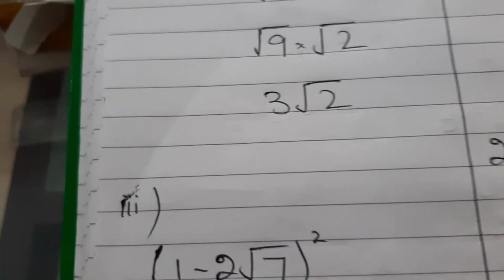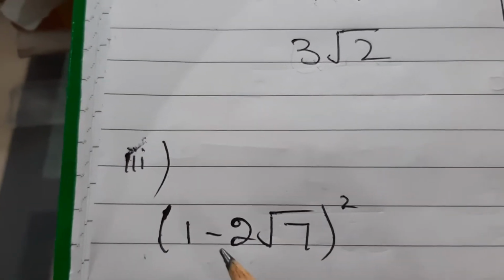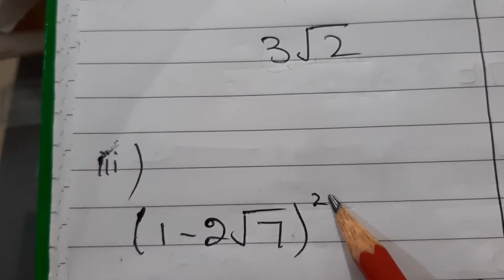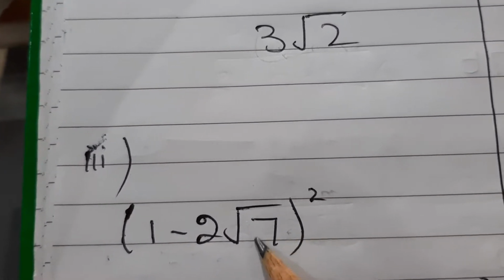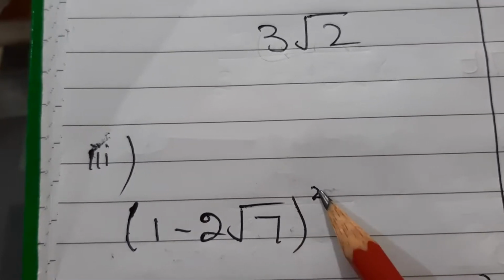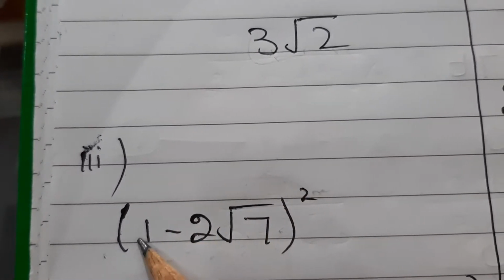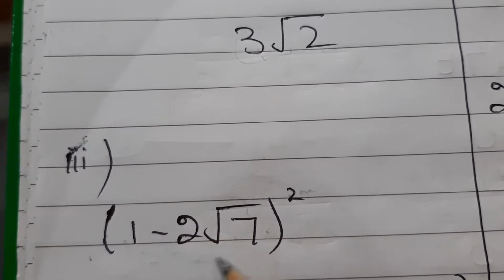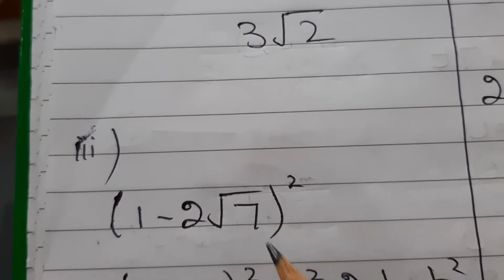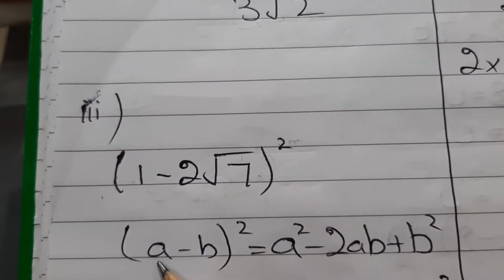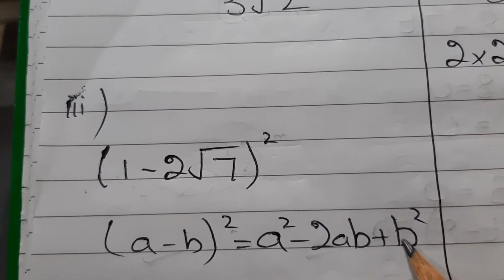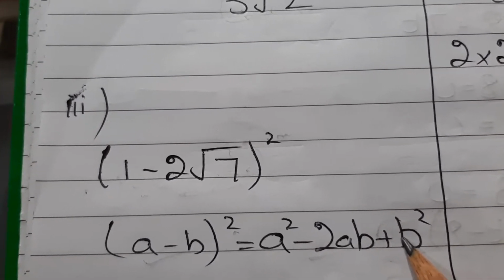So let's see another example. It is (1 minus 2 root 7) square overall. The common mistake made here is that students apply this square on this number, 1 square is 1, and then they apply the square on this number. This is not the way. What does it remind you of? (a minus b) whole square, which is a square minus 2ab plus b square, an algebraic identity.